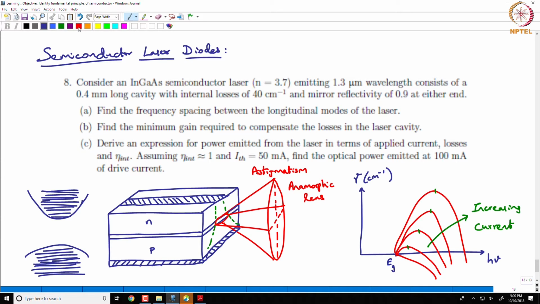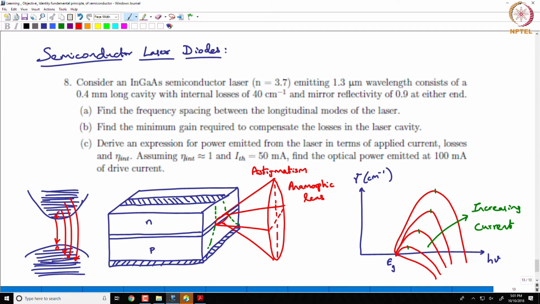Initially, when you inject some current, you have electrons over here and holes over here, and this recombination happens at low energy. But as you inject more and more electrons and you have more and more holes in the valence band, you start having deeper and deeper emission.